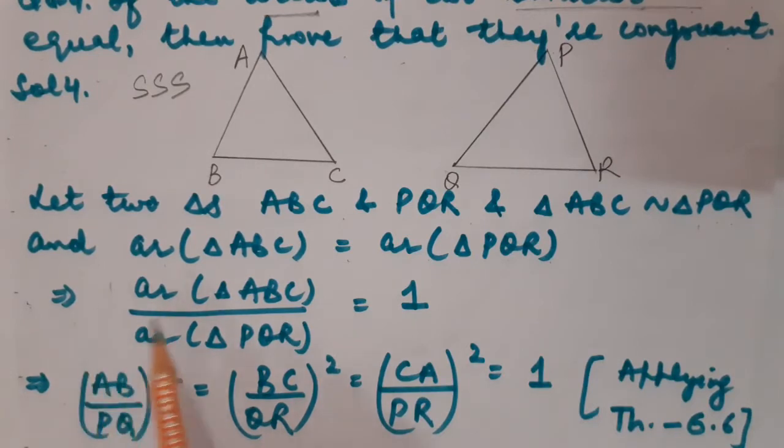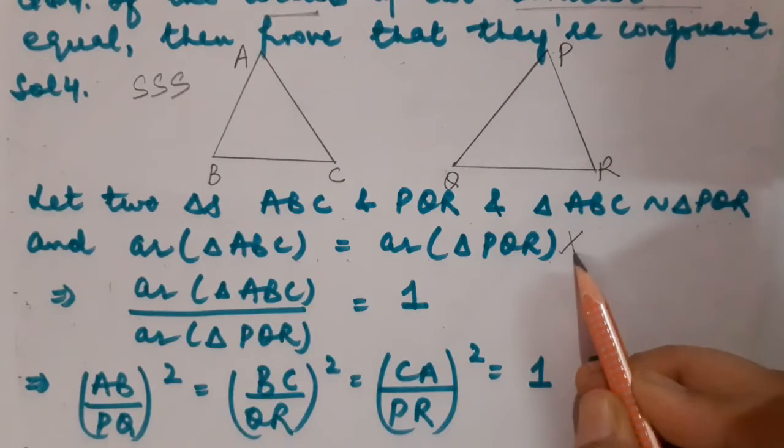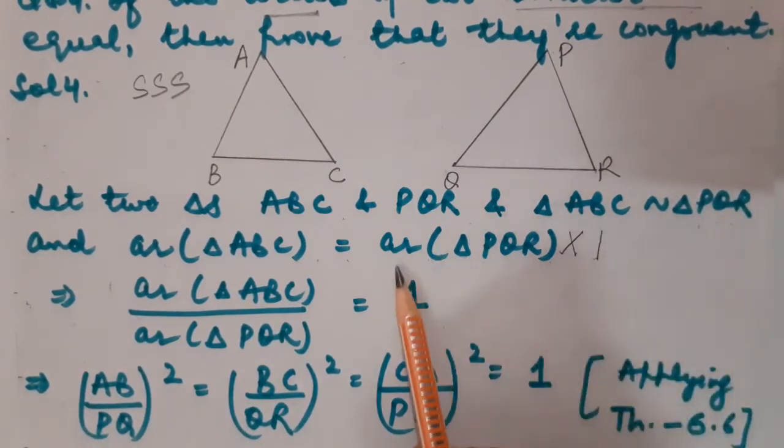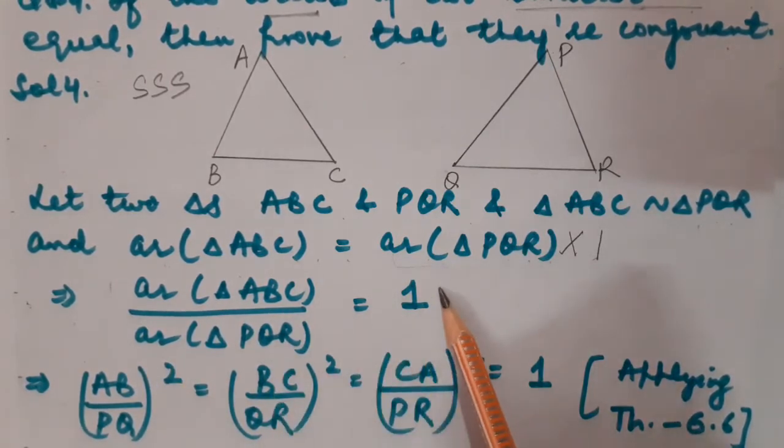Fine, children. So as their areas are equal, can I write? It implies area of triangle ABC upon area of triangle PQR is equal to 1, because the area of triangle PQR is multiplied by 1. When I have brought it to the left hand side, it means it must be divided, so on the right hand side we are left with 1 only. Fine, children?